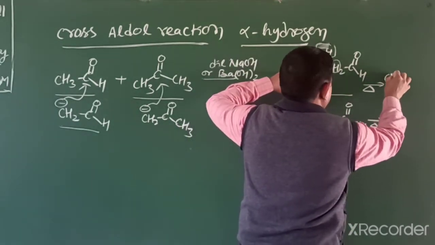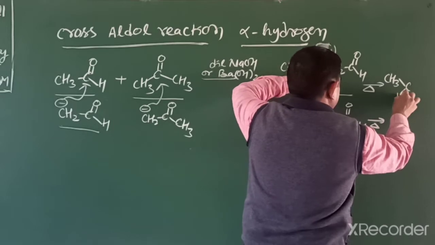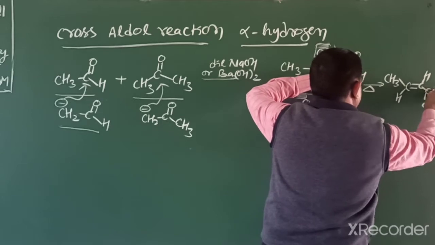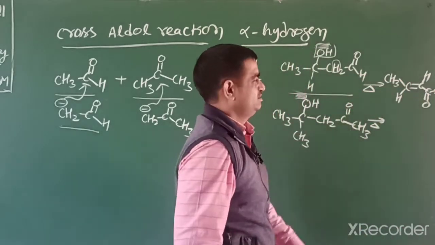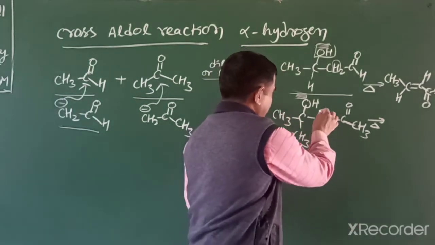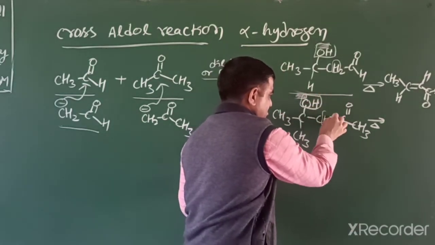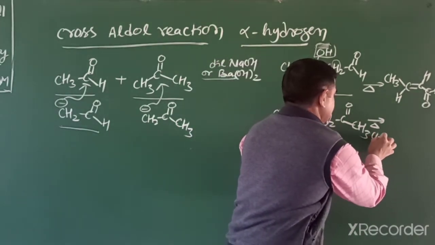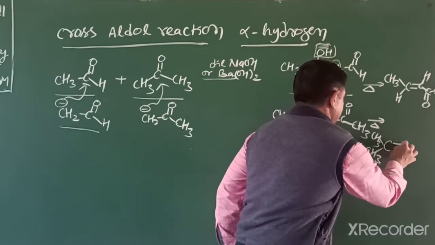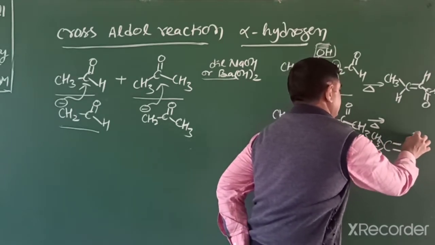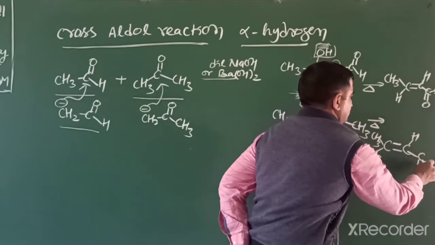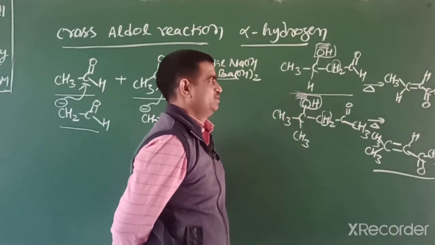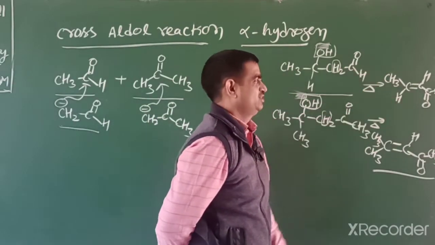So this product is converted like this: alpha beta unsaturated aldehyde, and from this compound OH and H are removed, giving the alpha beta unsaturated ketone. So these are aldol condensation products.